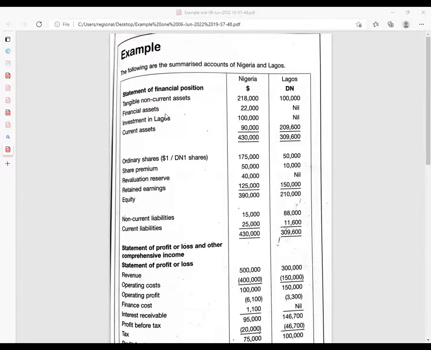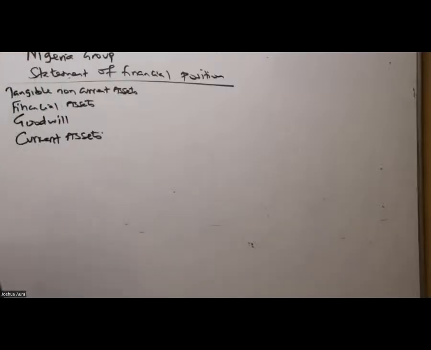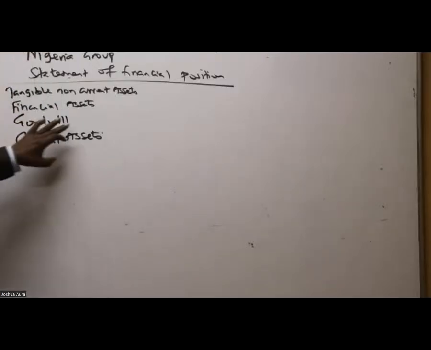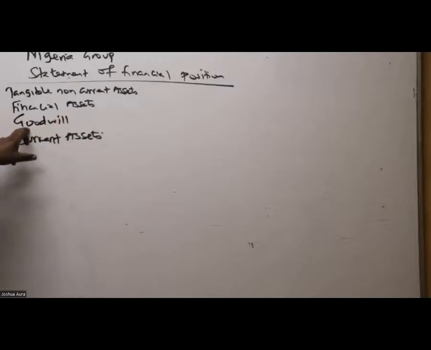Let me first of all allow you to copy whatever we have here. Could you kindly copy this? I'm simply copying everything. Apart from investment in Lagos that I've replaced with goodwill, everything else remains the same.